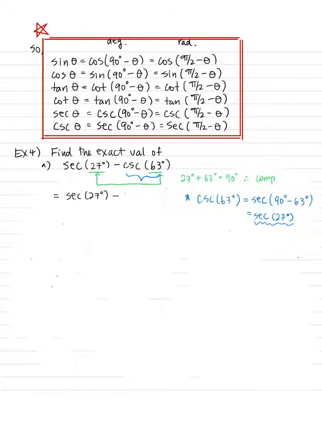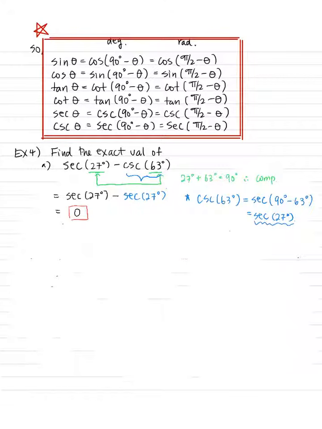Secant of 27 degrees minus, now cosecant of 63 degrees, we just found out that's nothing but secant of 27 degrees. Now, since we're subtracting the same thing from each other, your answer is going to be 0. So that is it. Maybe we can do another example of it.